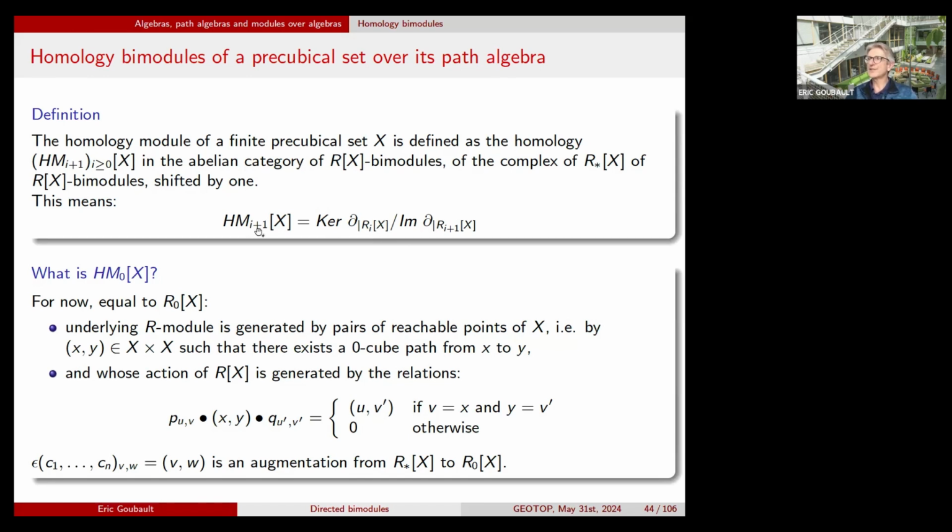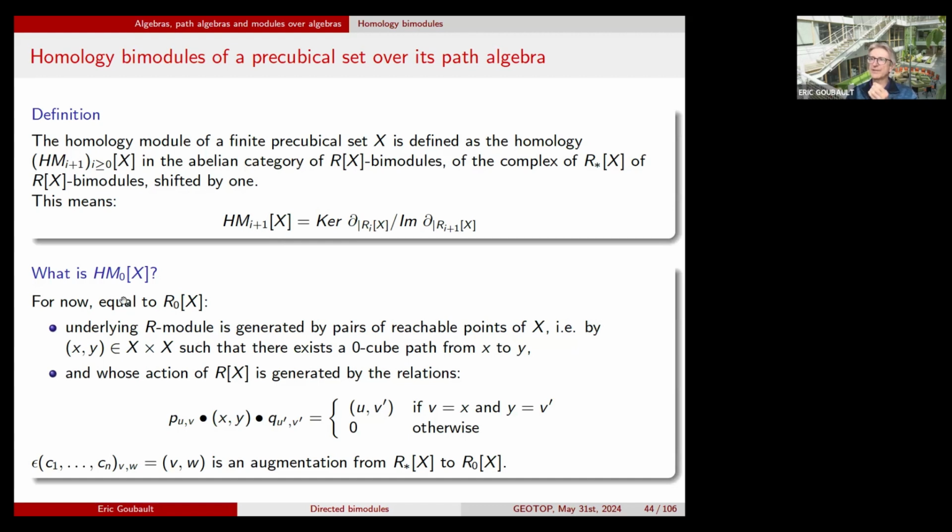But then you see, I shifted the indexes because when I look at this construction, actually, I'm using die-paths as base elements. So when I'm looking at connected components of die-paths, which is kernel of delta over R0 over image of delta of R1, I'm really looking at something which looks like H1. I'm really looking at the way that two die-paths may be homotopic to one another. So it's really at the level of what is H1, and that's why we changed the index here, okay?